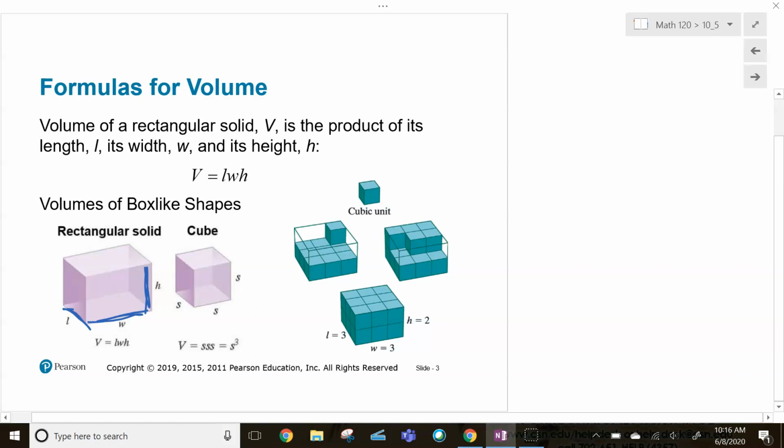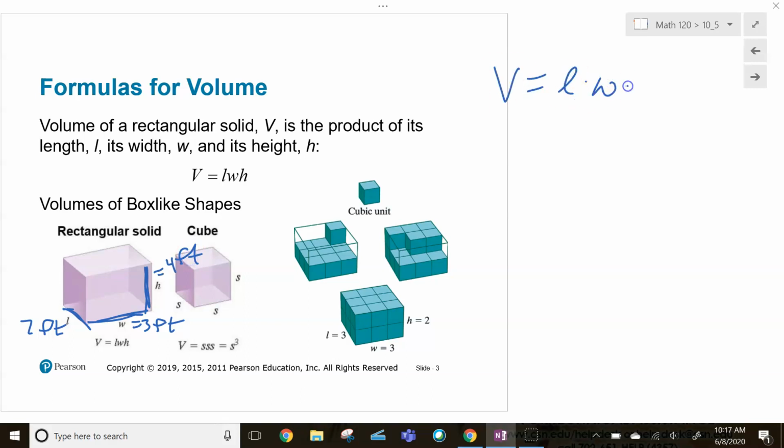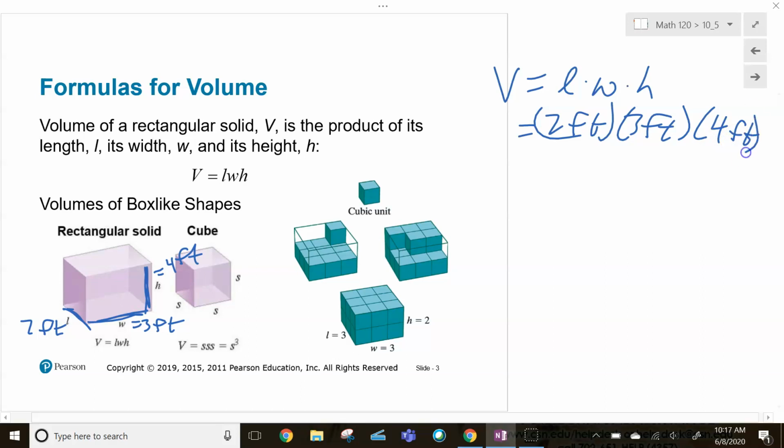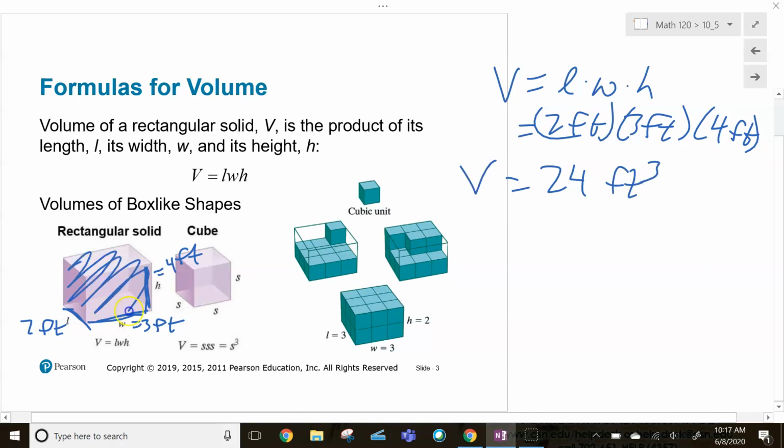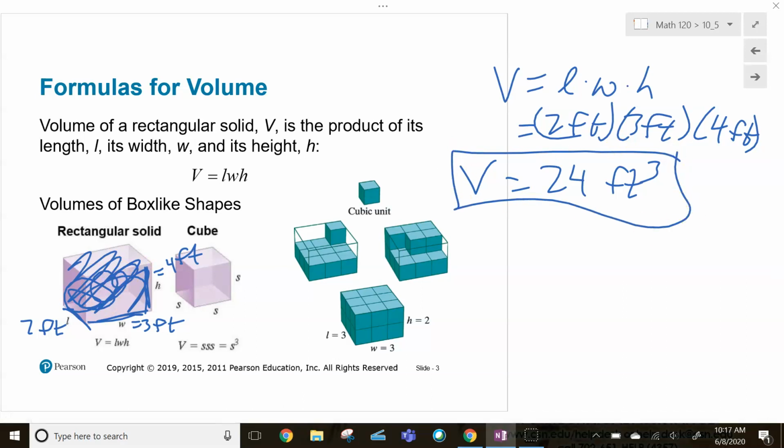For example, if this was 2 feet, this was 3 feet, and this was 4 feet, our volume would be 2 times 3 times 4. So we got 24 cubic feet of water is how much water we can put in this whole thing, right? In other words, there's 24 of these little boxes in there.